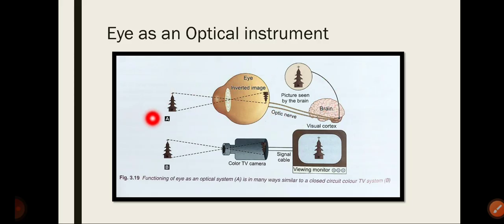This is a real image, and the eye produces an inverted image, and the optic nerve carries it to the brain's visual cortex, and this picture is seen by the brain as a real image. A similar mechanism is used in a color TV camera.